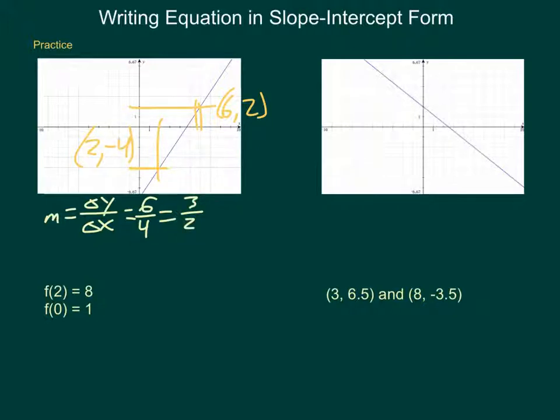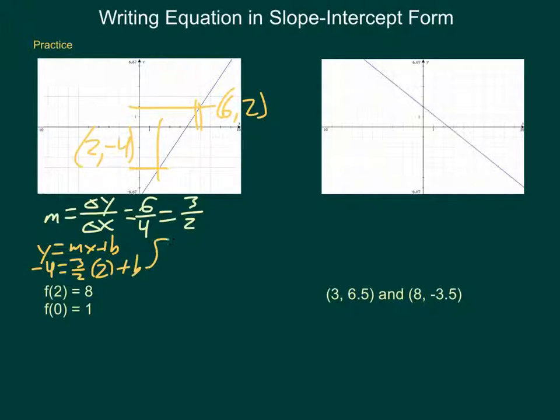Now, I use my other information, y equals mx plus b, to write an equation to solve for my y-intercept since I can't see it on the graph. Well, either of the points that I have found become valid x and y values. So, if I use the first point, I have -4 equals 3/2 times 2 plus b.